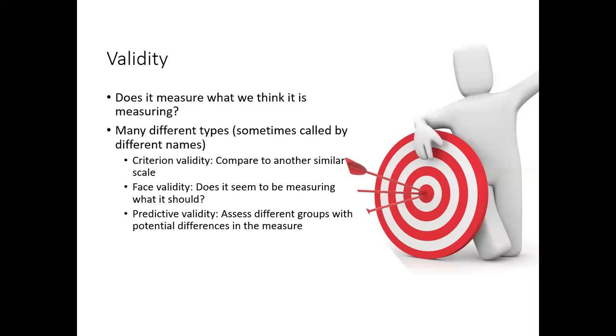Sometimes we use face validity, and that's just the question, does it seem to be measuring what it should? Sometimes we bring in experts to ascertain that. And then we can also do predictive validity. If we have groups that we know will be different on this measure, does our measure actually differentiate those groups? So we're trying to figure out if what we're measuring is actually true.